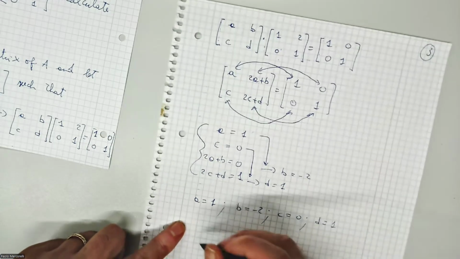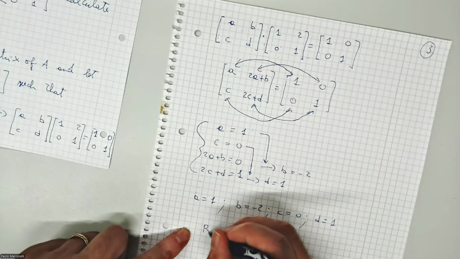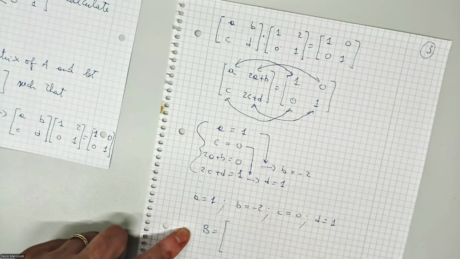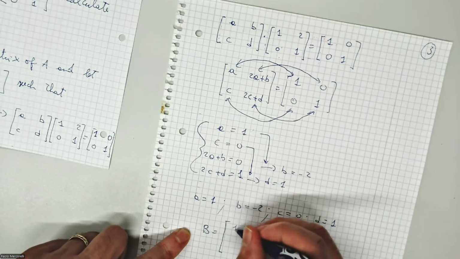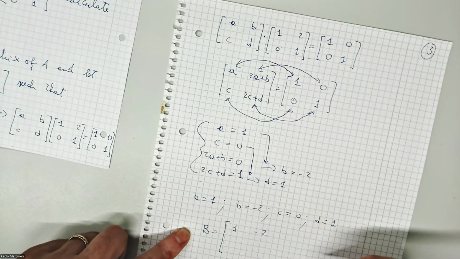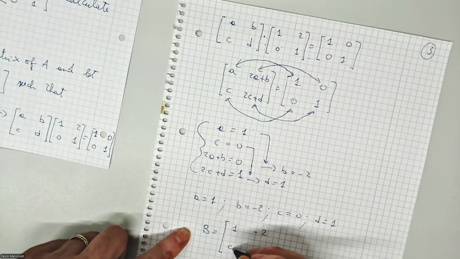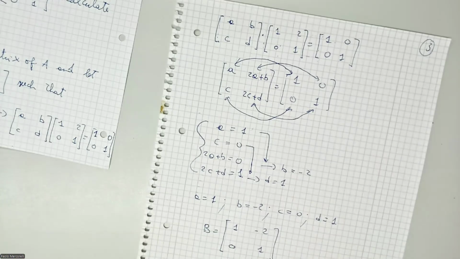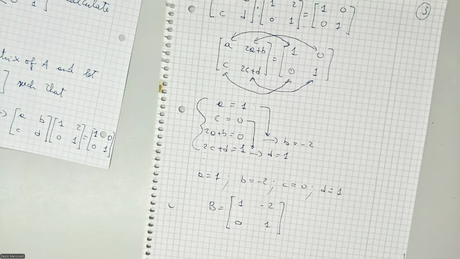I hope no mistakes. This means the matrix B, which was characterized by A, B, C, D, is 1, minus 2, 0, 1. Try to do at home that B multiply A is equal to the identity matrix.